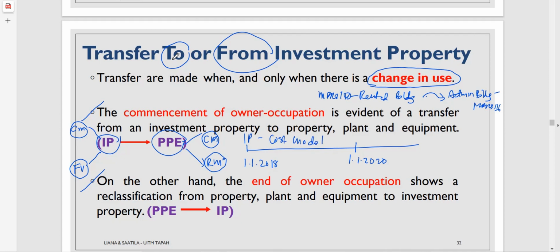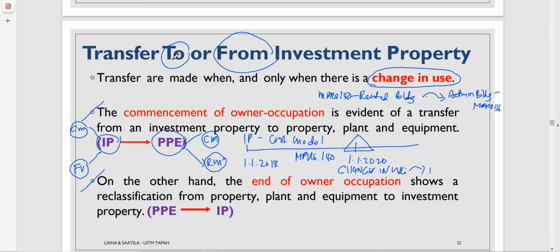So here you are using MFRS 140 but use the cost model. But from this date of transfer, 1st of January 2020, there is a change in use, and therefore the IP will no longer be an IP.